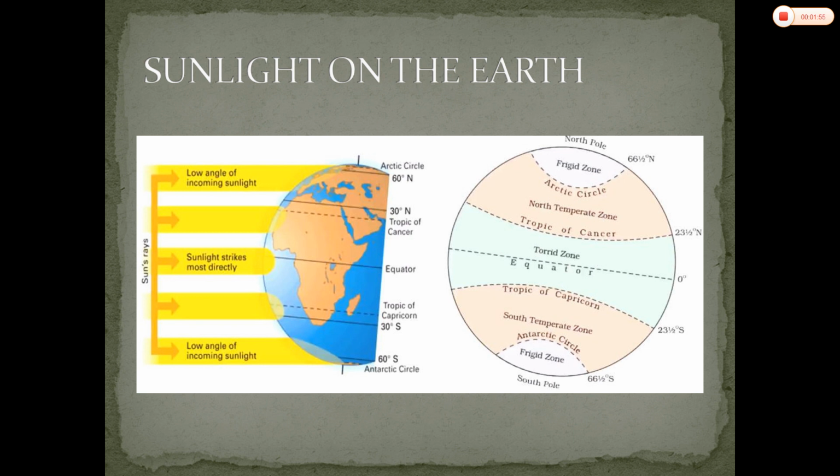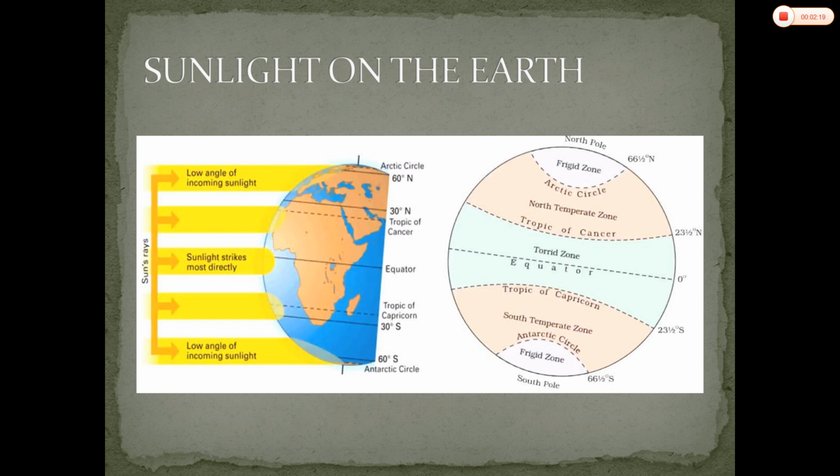And as the sunlight starts to travel toward the northern hemisphere and the southern hemisphere, you will come to know that in both these regions, right from 0 degree equator to north and 0 degree equator to south, the sunlight is falling in a slanted manner.